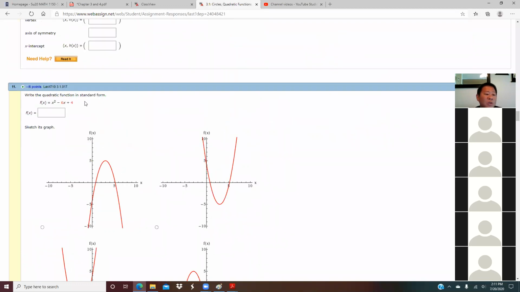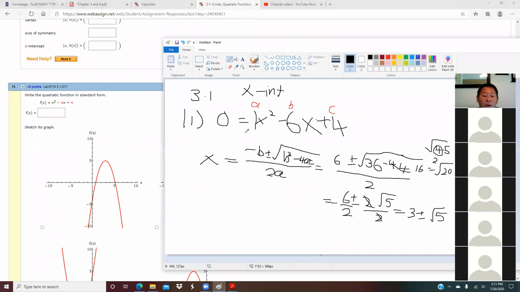This question wants you to write in the standard form. So in order for you to write this question in the standard form, I'm going to rewrite this. There are 2 ways to do it. One way is doing what we call completing the square. This is the hard way to do it, but if you want to pick this way, be my guest.